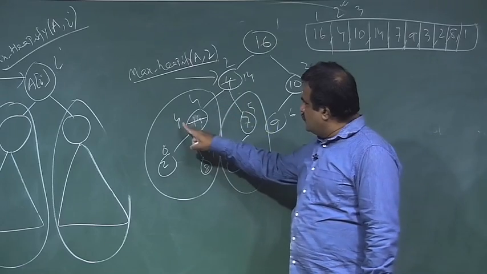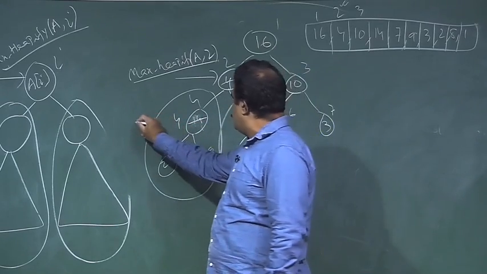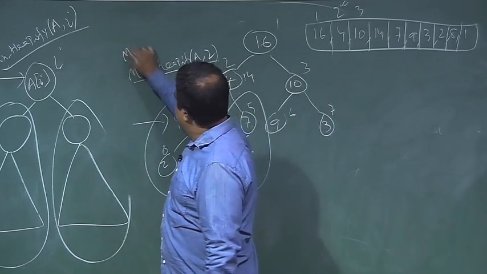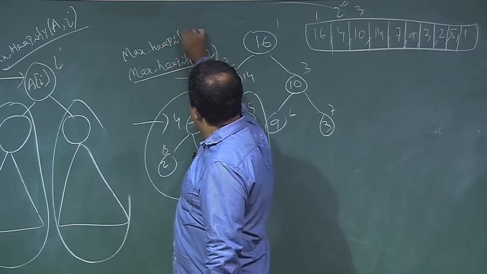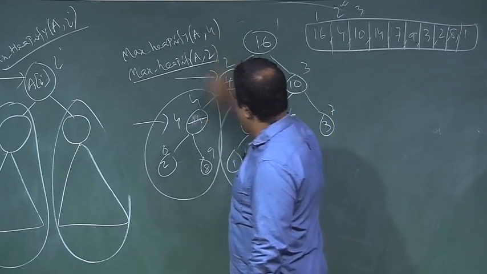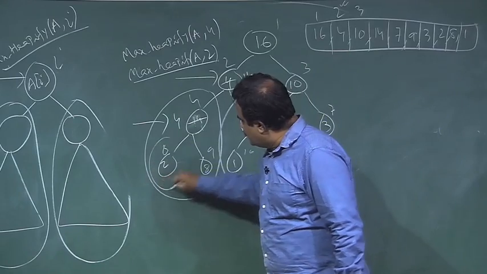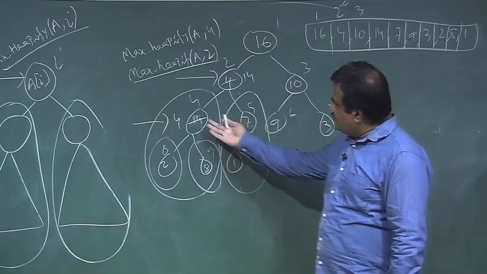Now once we put this 4, it may violate, so again we have to call max-heapify over here. It may violate A, and where is it going? It is going to 4. We call max-heapify at the point 4. Again we check, this is already max-heapified, this is already max-heapified, so we may have a single violation.